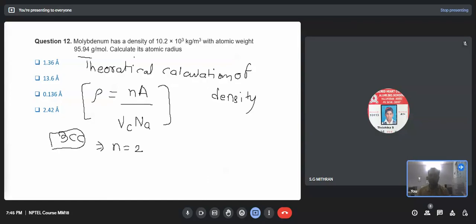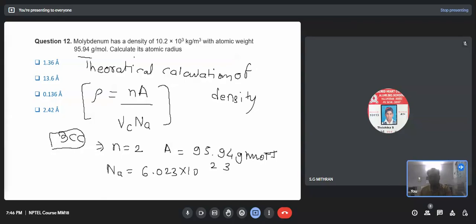And the A value is given, 95.94 gram per mole inverse. The Avogadro number we know already, 6.023 into 10 to the power plus 23.